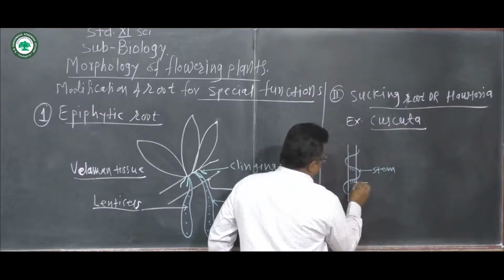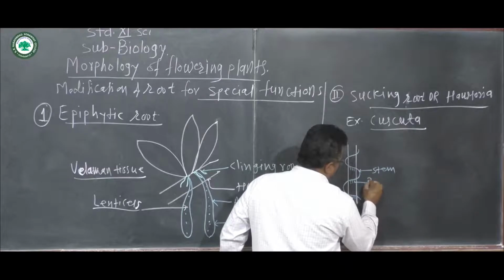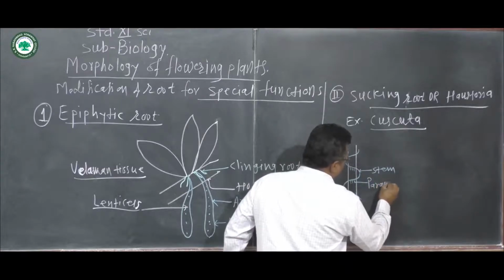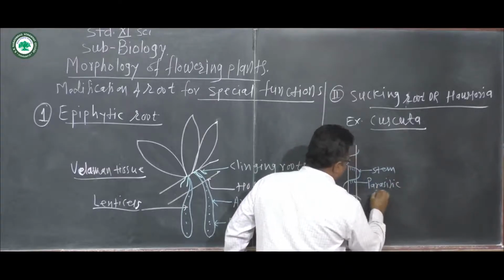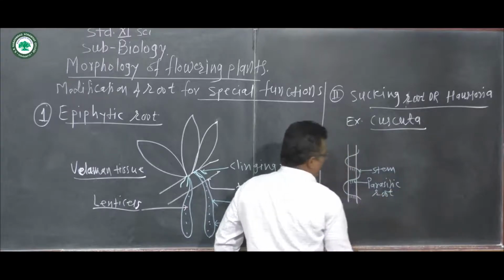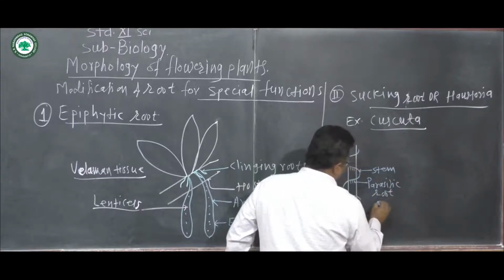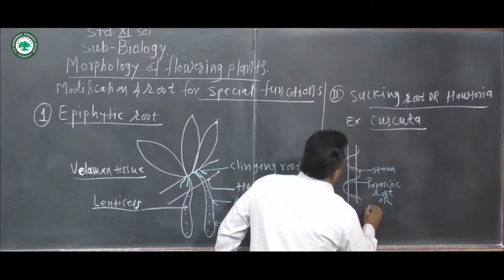And these are the parasitic roots, also called the sucking roots.